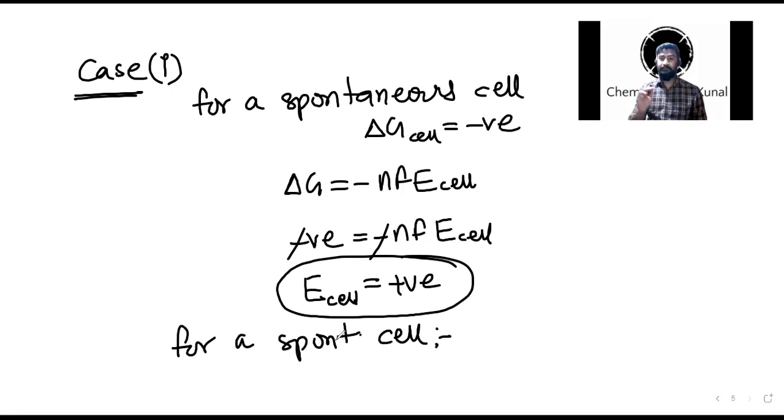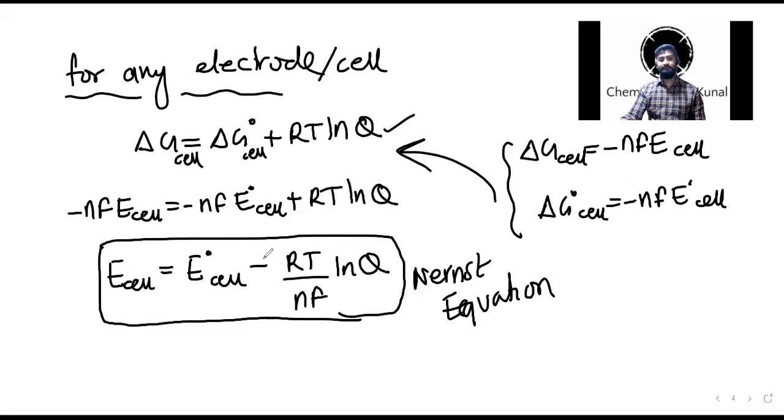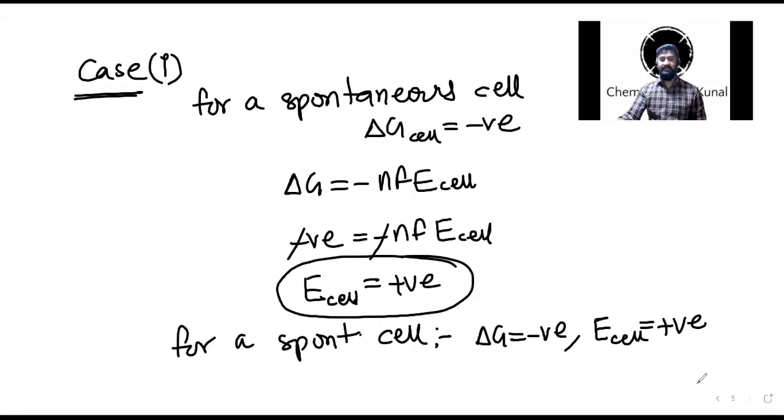That means if you want your cell to work spontaneously, then your delta G must be negative and E cell must be positive. Only then the cell will work on its own. Otherwise, it won't work on its own. We have to be aware of this particular point. This is the thing we must know about case 1.